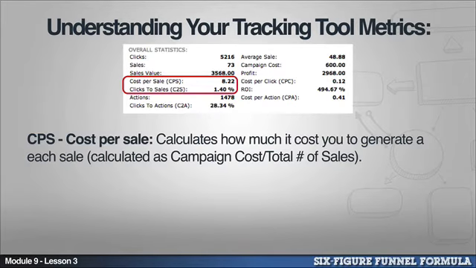Now, the next set of metrics are cost per sale and clicks to sale. Cost per sale calculates how much it cost you to generate each sale. It's calculated by taking the campaign cost, what you actually spent, which is either a fixed cost that you enter when you create the campaign, or if it's cost per click, every click increases the campaign cost, divided by the total number of sales.